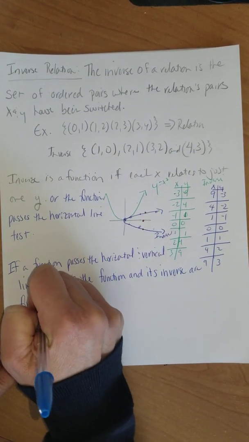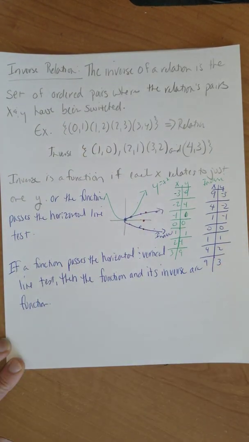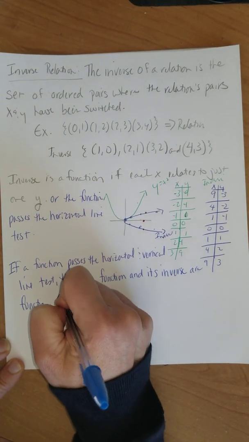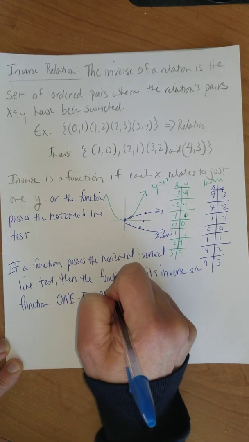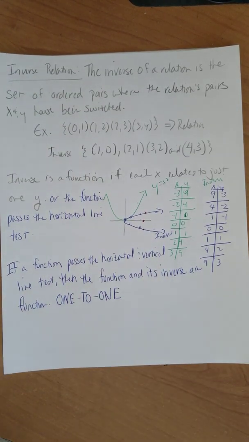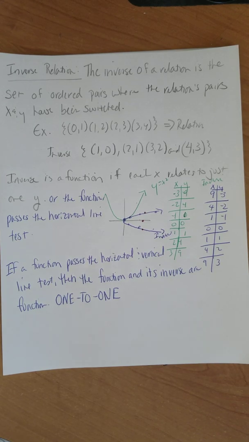If it passes both of them and the function and its inverse are functions, we call that 1 to 1. So if a function is 1 to 1, that means it is a function itself, which it should be, and then the inverse is also a function.